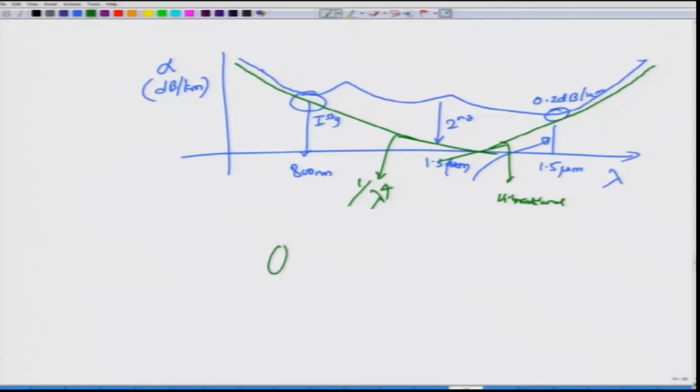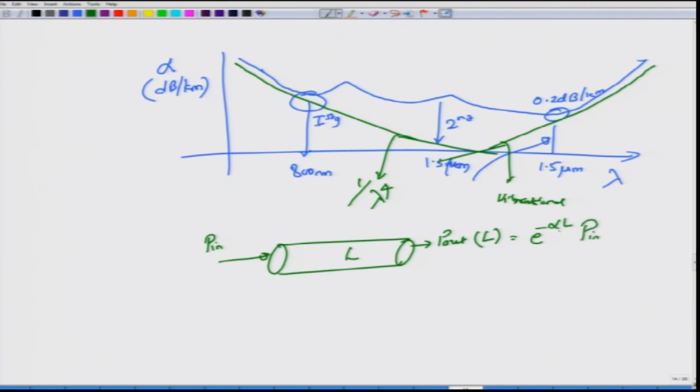What exactly is this dB per kilometer? As I told you, if I take an optical fiber of certain length L, send in a power P in and get the power P out, I expect that this power P out, which would of course keep varying with respect to L, goes as e power minus alpha L times P in, where this alpha is what is called the natural units of attenuation.